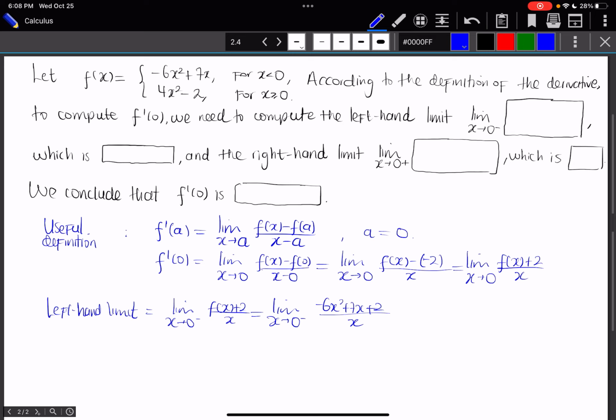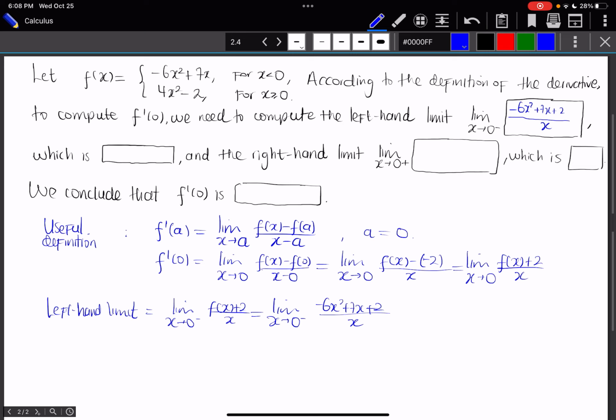We choose the formula of f of x that corresponds to x negative, because x is approaching 0 from the left, meaning that x is negative in particular. So here we can write minus 6x squared plus 7x plus 2, and then divided by x.